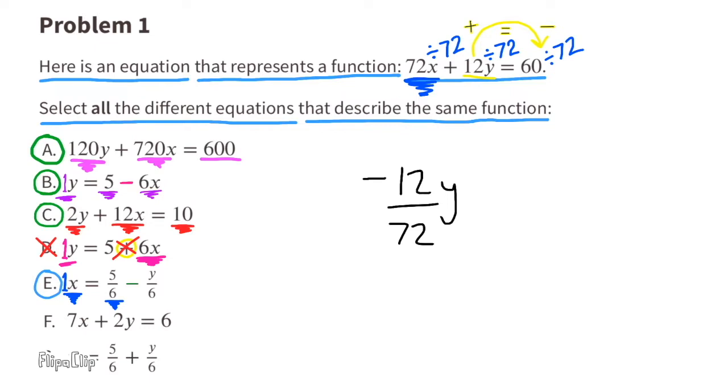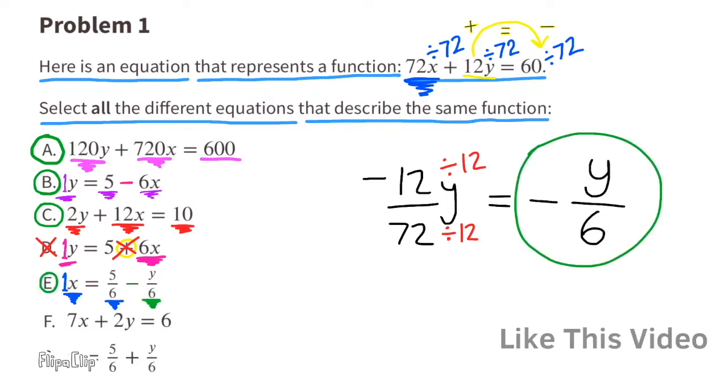Negative 12y divided by 72 is the same as negative 12y over 72. 12 goes into negative 12 evenly, and 12 goes into 72 evenly. So we can divide the top and the bottom by 12. Negative 12y divided by 12 is y, and 72 divided by 12 is 6. So E does follow the same function as the original equation.